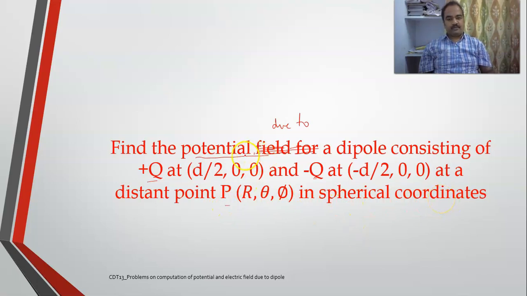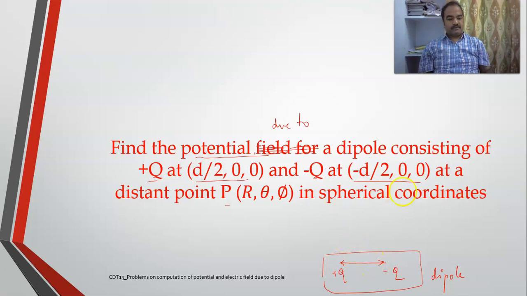So he wants to find out the potential due to a dipole consisting of 2 charges at a distant point in spherical coordinates, which means that there are 2 points, plus q and minus q. The coordinates have been given here. So this combination completely is called a dipole, right? They are separated by some distance.